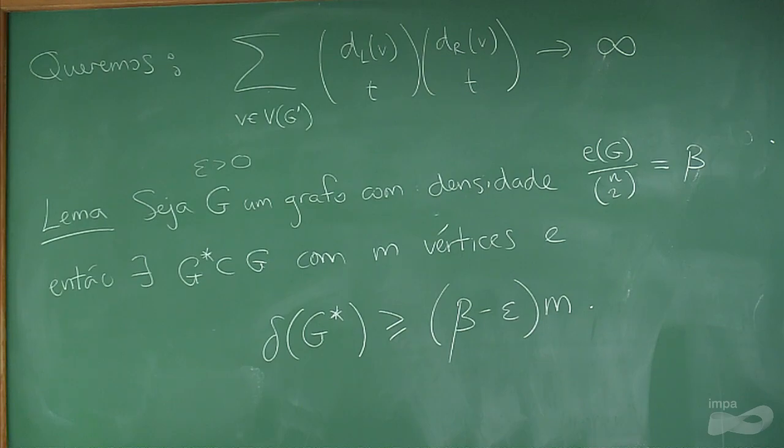So what do you have to do? There's only one thing you can do, just like in the proof of the other, similar but simpler lemma. Throw away vertices. If there's a vertex whose degree is too small, m is only getting smaller as time goes on. It starts out being n. If the degree is smaller than beta minus epsilon times the current number of vertices, then you have to throw it away. You just keep throwing away.